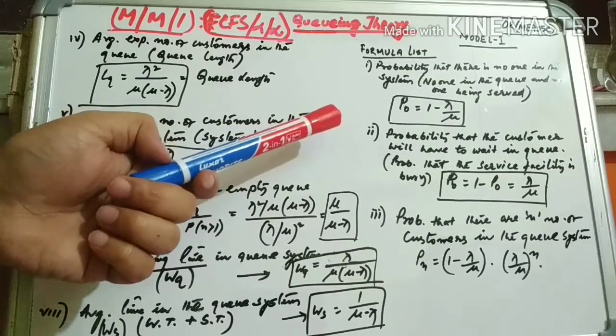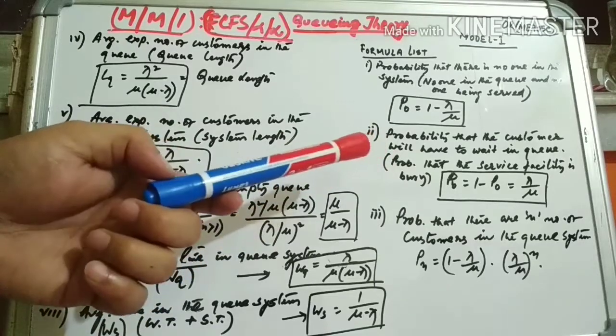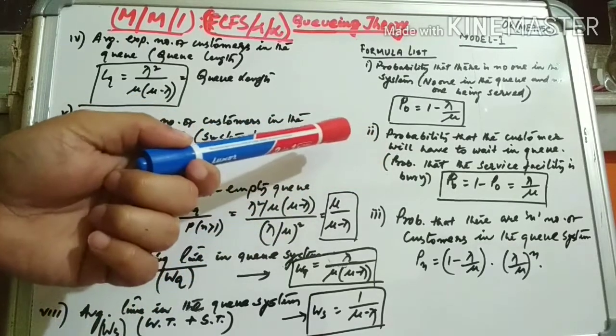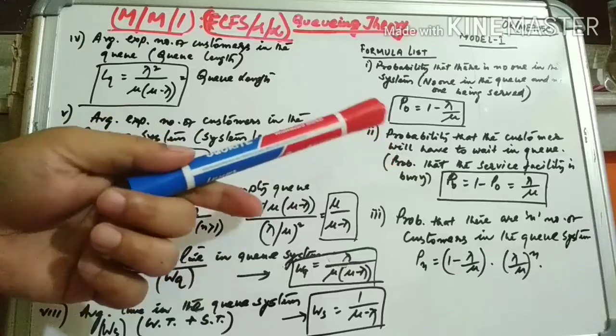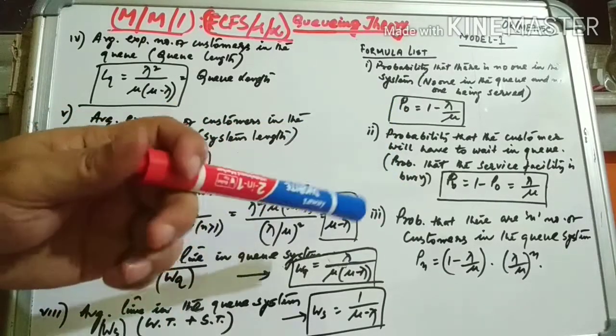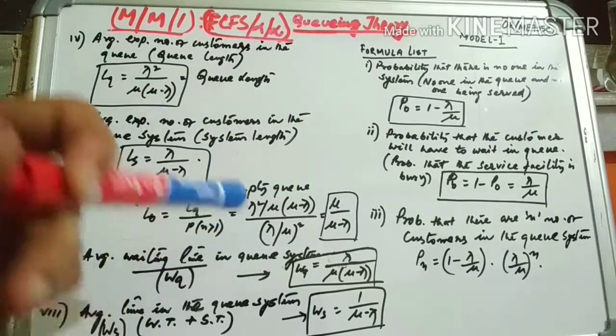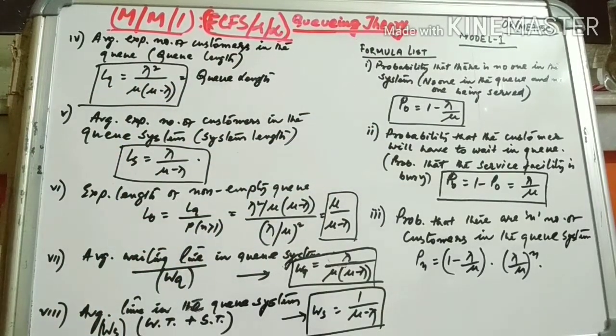So it's better to solve and practice more and more numericals related to these models, and after solving 2 or 4 numericals, I think it will be enough for you to memorize and get acquainted with these formulas. So let us start with the formula list.